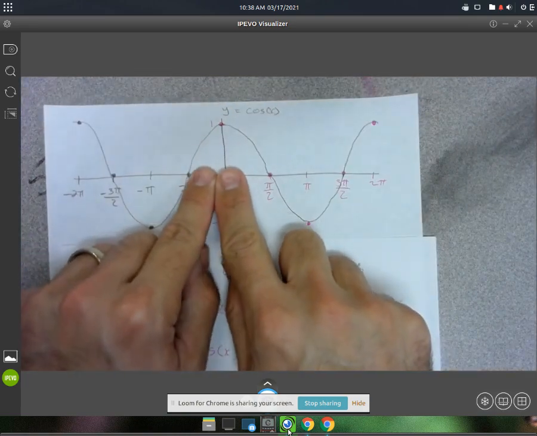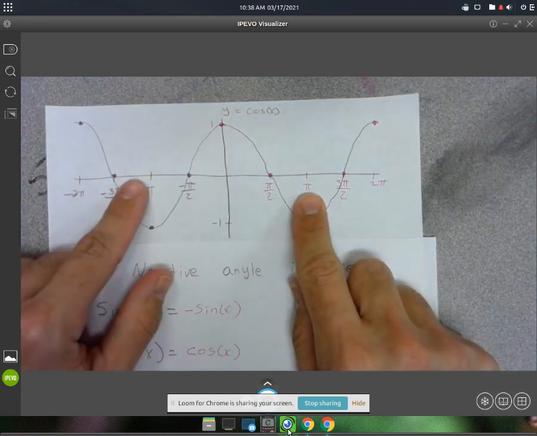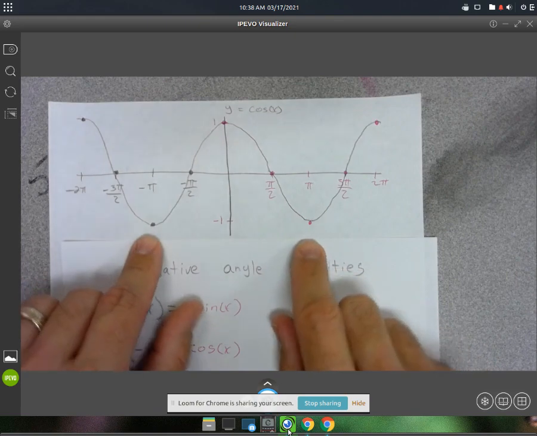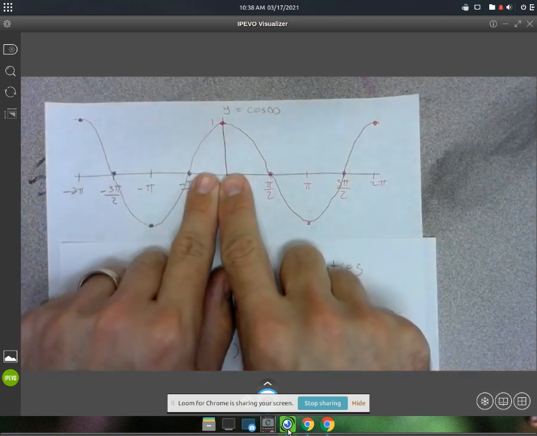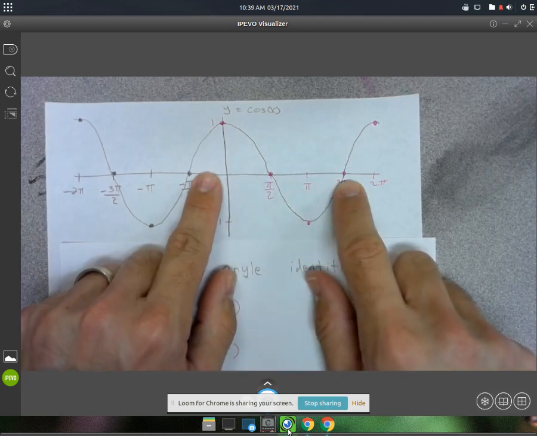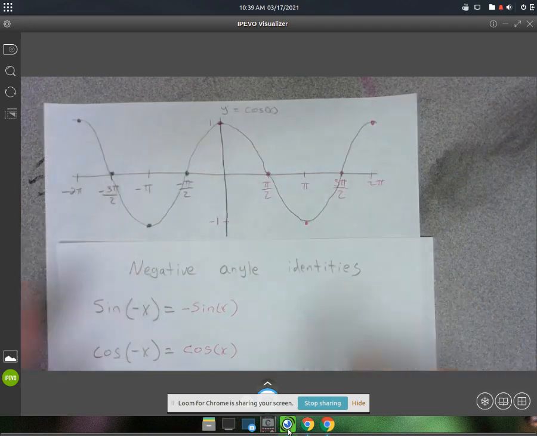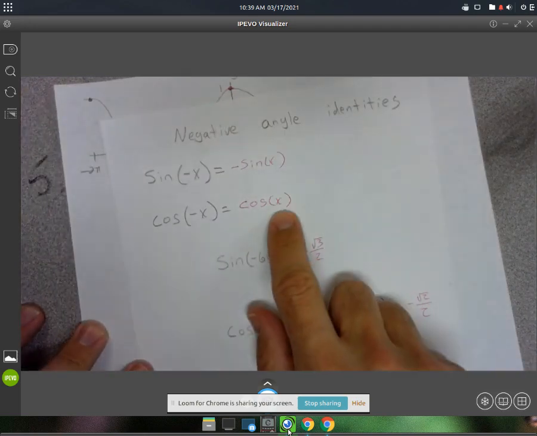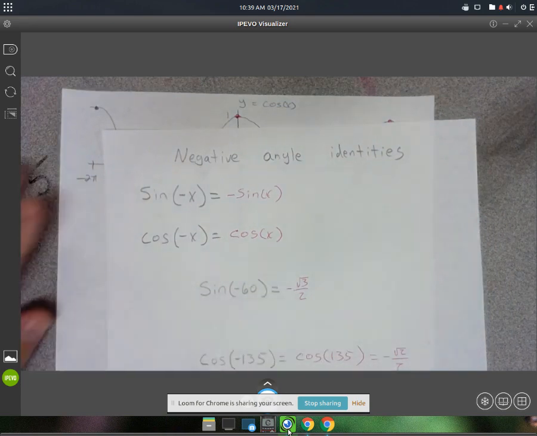So again, as I spread out, whether I plug in pi or whether I plug in negative pi, my answer is the same. It's negative 1 on both. If I were to plug in 3 pi over 2, I get 0. If I were to plug in negative 3 pi over 2, I get 0. Cosine of x and cosine of negative x give me the same answer.